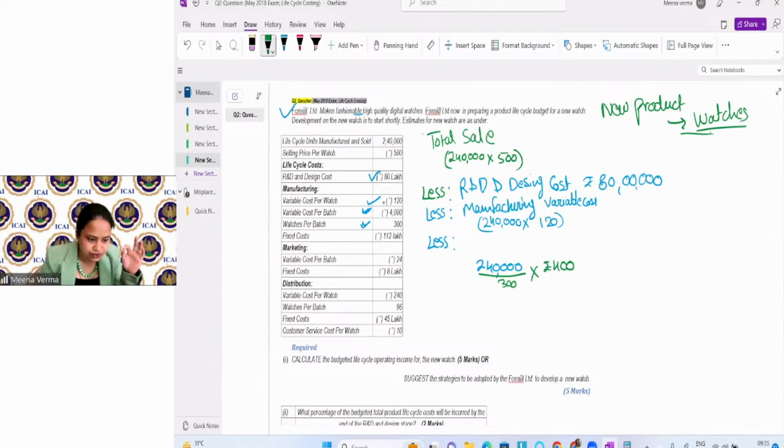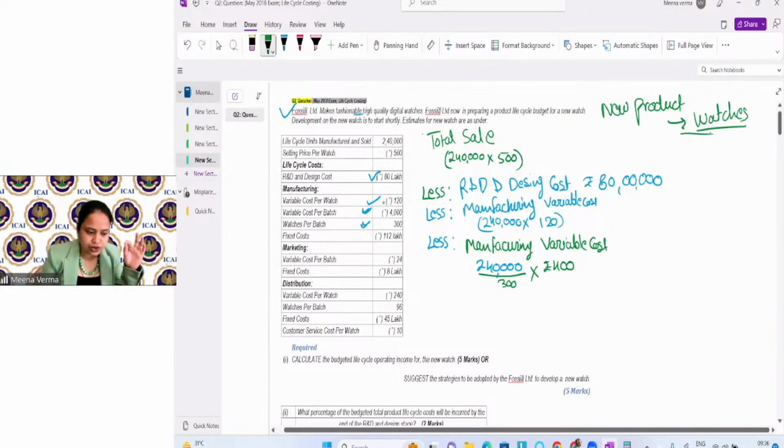So in this way, if you solve it, what will you get? Variable manufacturing variable cost, according to batches. All right. Then less we have the fixed cost.